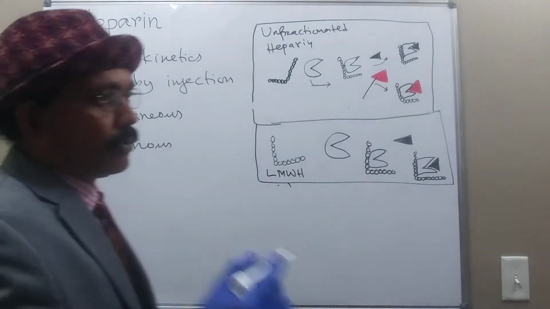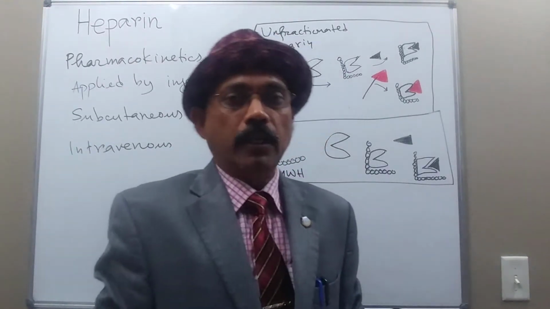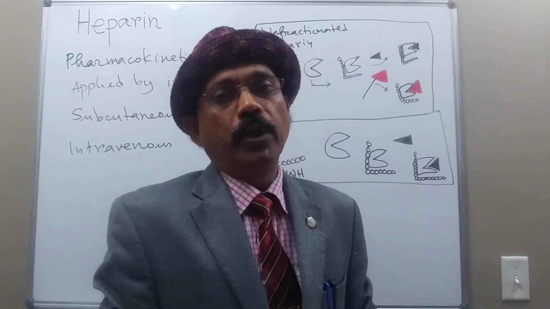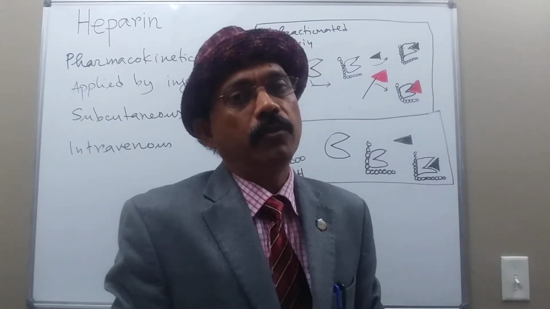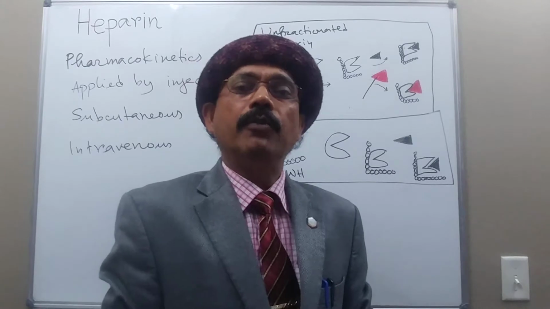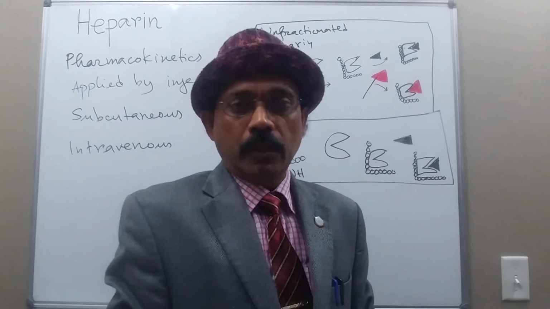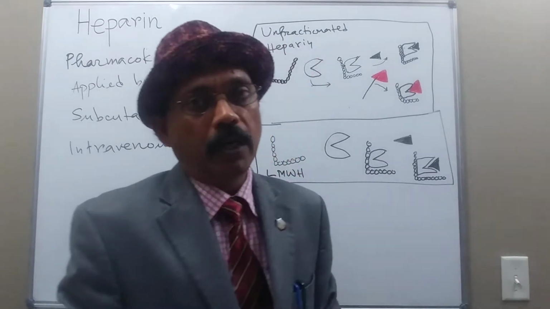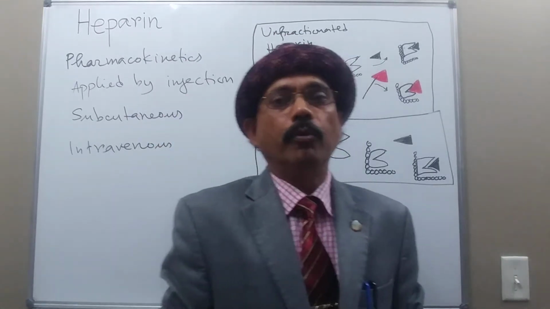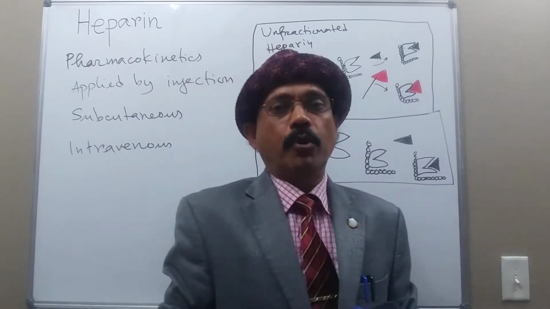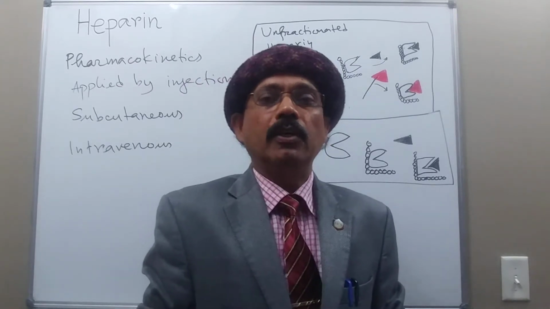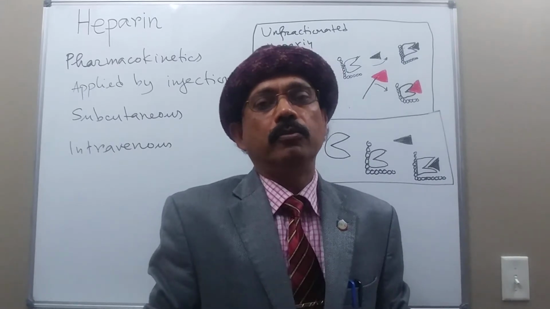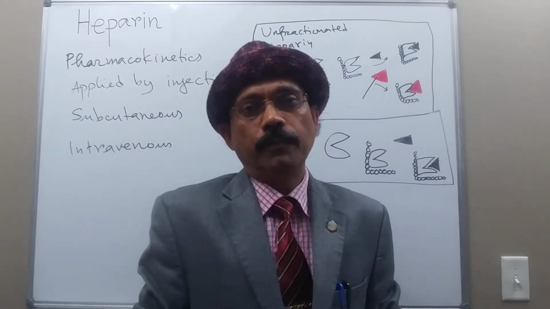Heparin will be attached to other proteins and taken out by the mononuclear phagocytic system, and it goes to the liver. In the liver it is metabolized, depolymerized, and made into simple excretory products. If a person has liver malfunction like cirrhosis, the half-life will be increased.